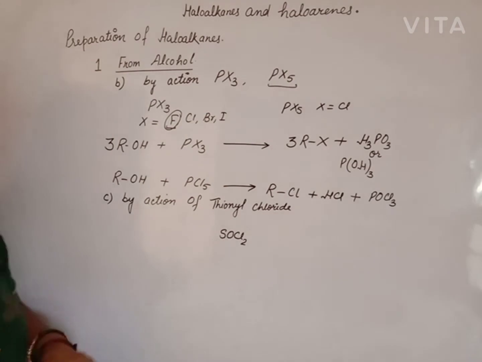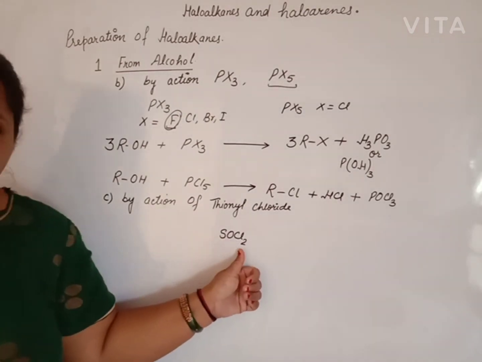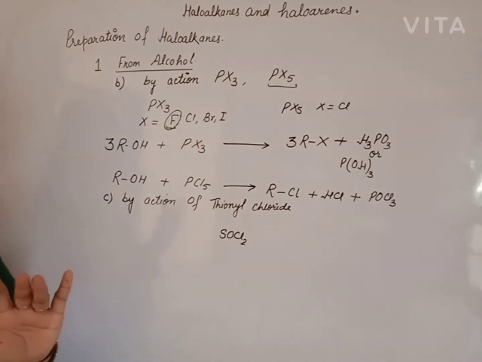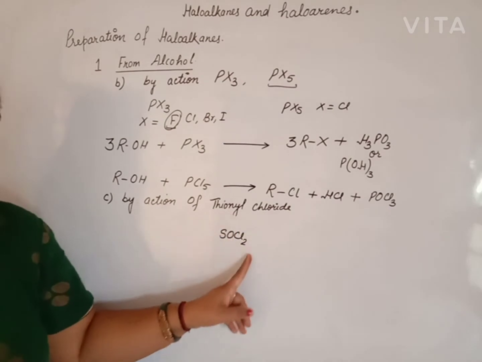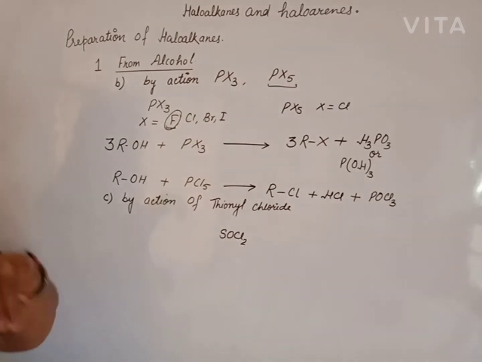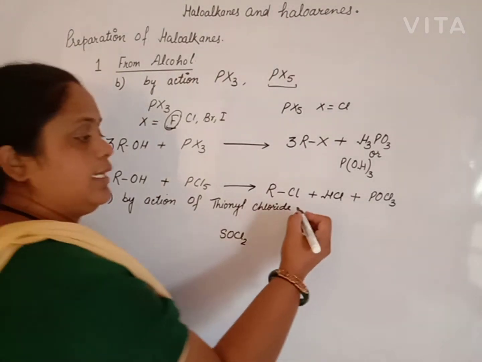By this method, 100% pure chloroalkane is formed. Only chloroalkane, not haloalkane, because SOBr2, SOF2, SOI2 are not known to us. We know only one compound, SOCl2, thionyl chloride. In this case, we get 100% pure chloroalkane.